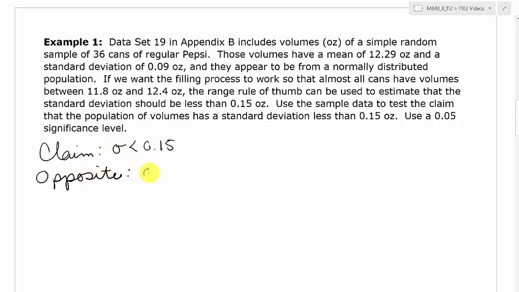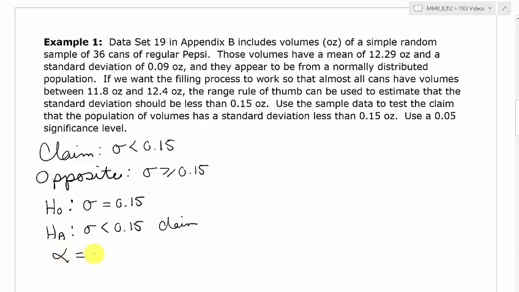The opposite then would be that sigma is greater than or equal to 0.15 ounces. The null hypothesis is sigma equals 0.15 ounces, and the alternative is sigma is less than 0.15 ounces, and the alternative is our claim.